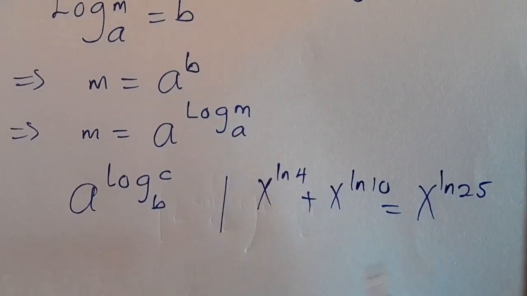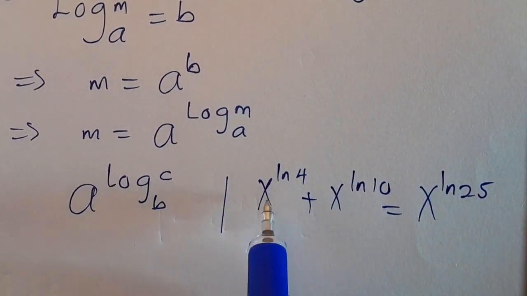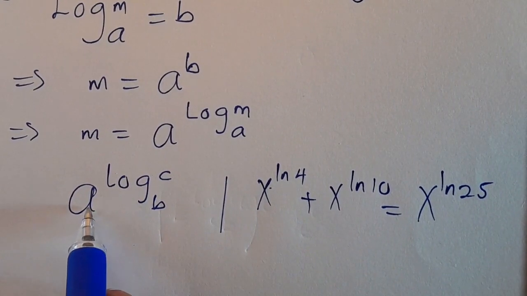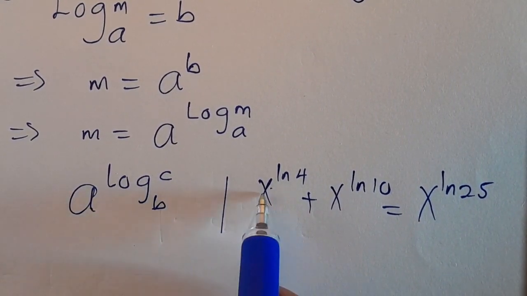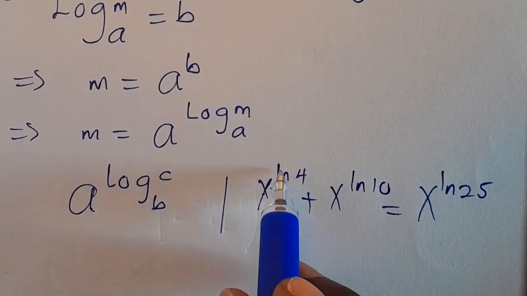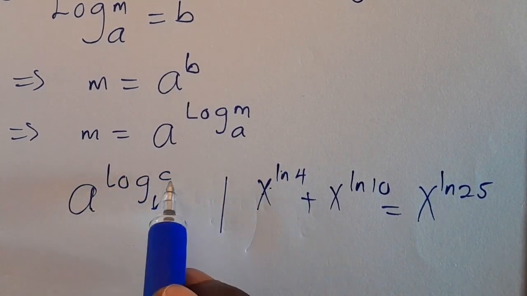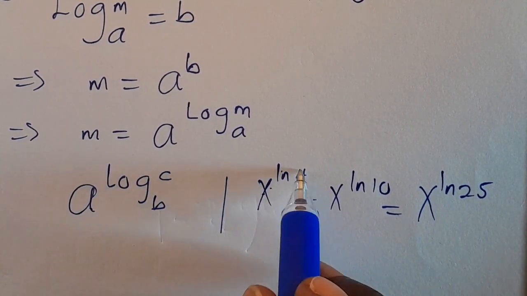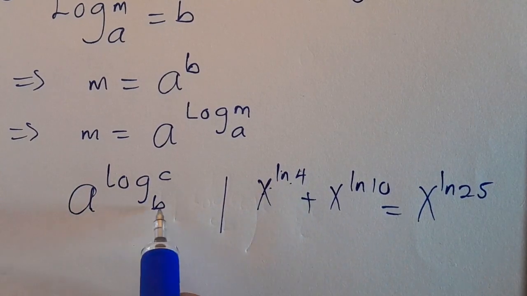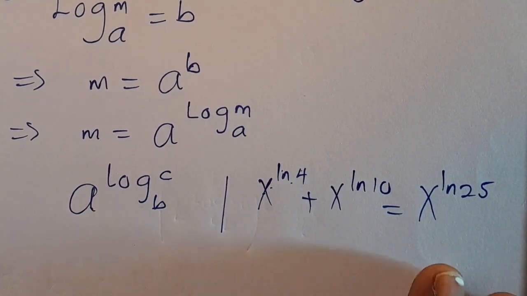In this type of problem, we have our a to be equal to x, then we have our log to be ln, then we have c to be 4, in a different base, which can be base 10 or any base.